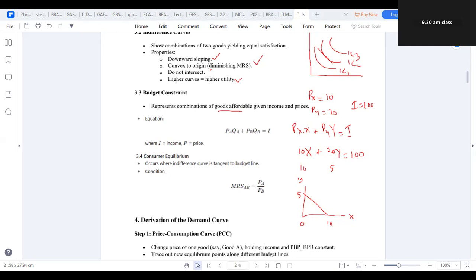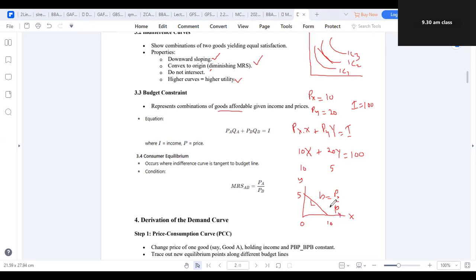So the effect of these changes can show you what will happen if income increases by 1 kwacha. If there's a change in income, what effect will there be? So the slope is simply the gradient. The gradient is given by price of what? With X over price of what? With Y.